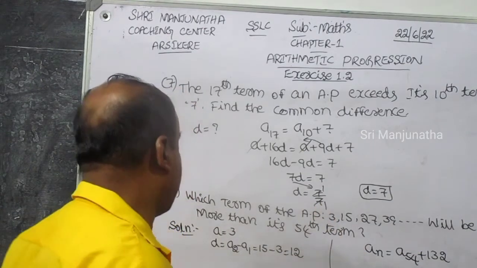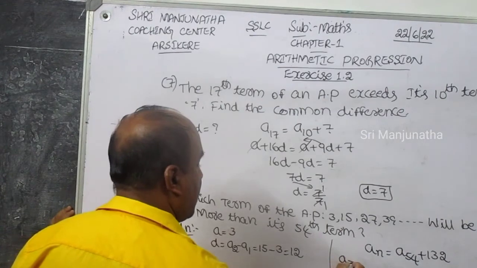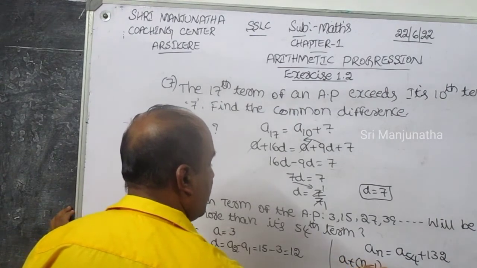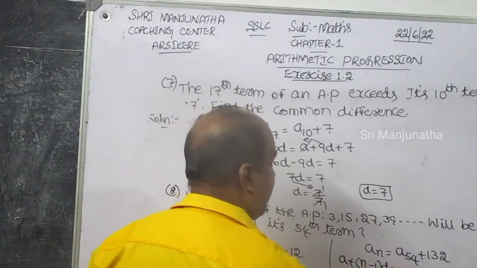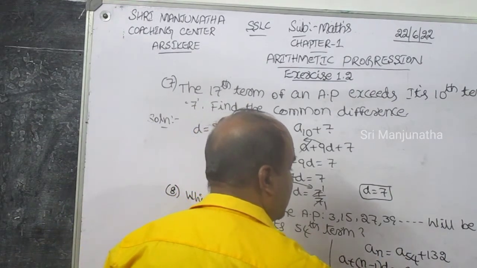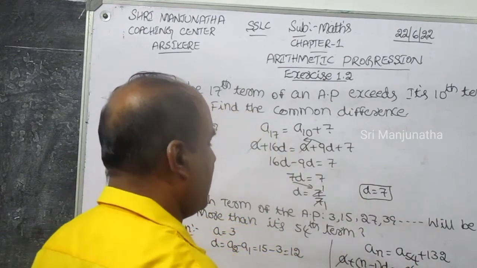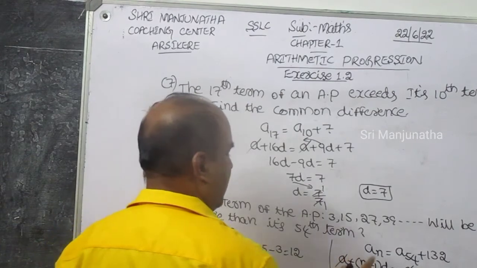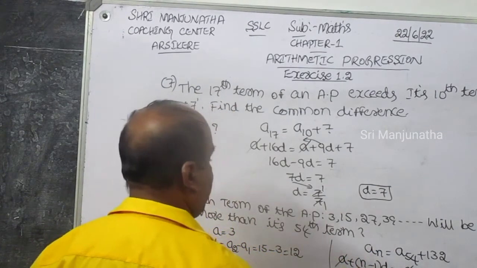An, what is the formula? You have to know that An is A plus n minus 1 into D. A54 is written in the form of A plus 53D, plus 132. A and A cancel. Then n minus 1 into D, here n is what we should find out.